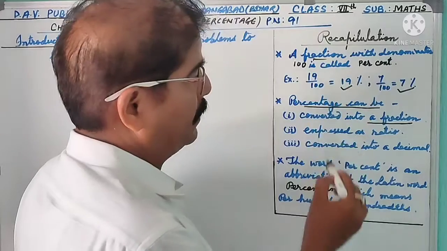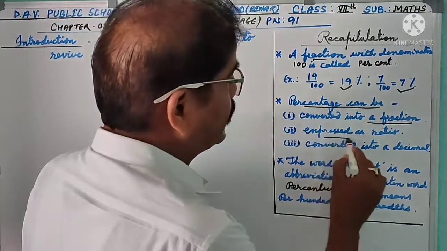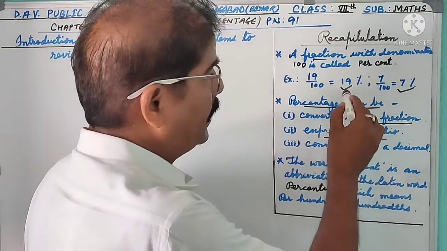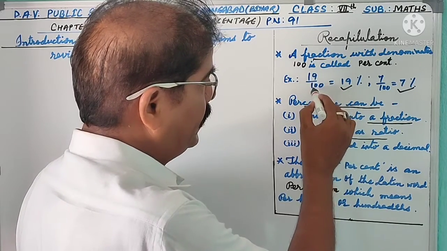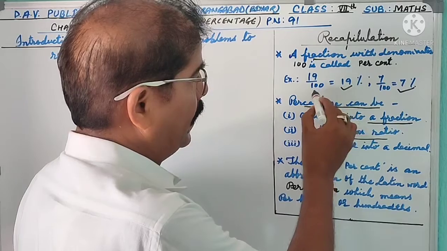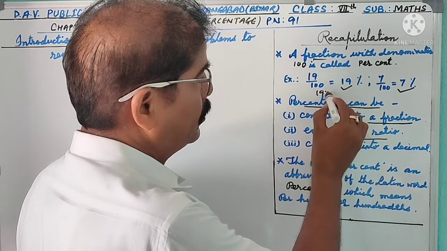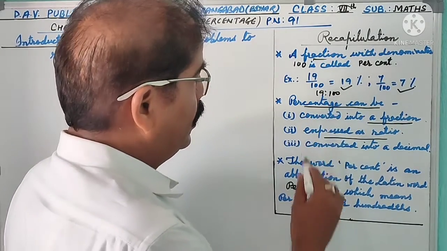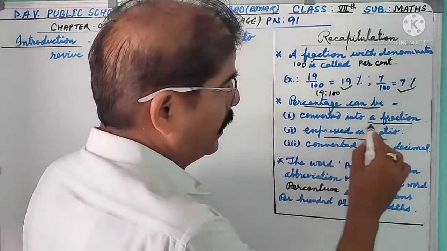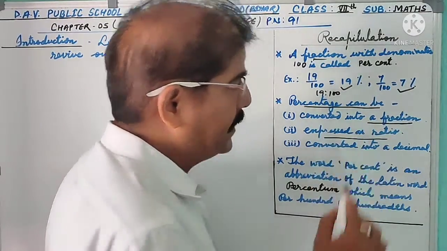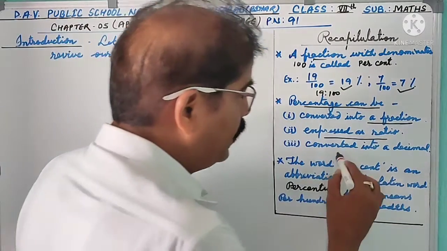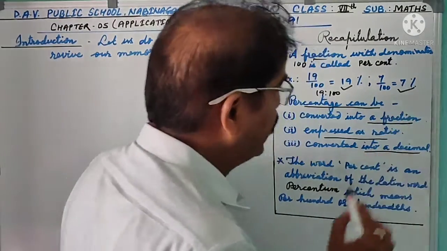90 by 100. Expressed as a ratio, 90% equal to 90 by 100, such that 90 is to 100. So percentage can be converted into a fraction, expressed as a ratio, and also converted into a decimal.